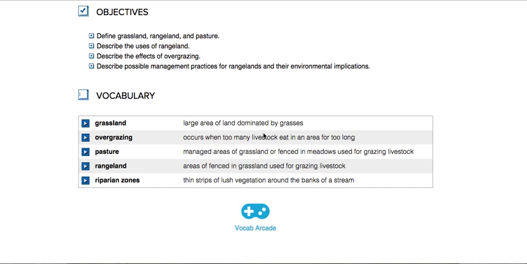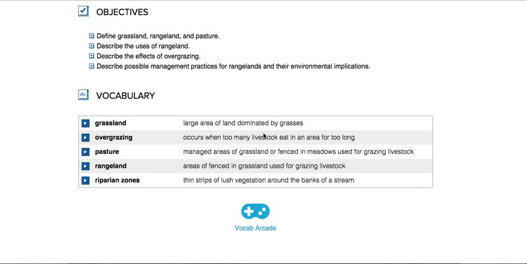So the Rangelands Project really focused around the lesson on rangelands, and really the objectives. If you complete the project, I really want you to have a solid understanding of what a grassland, a rangeland, and a pasture are.